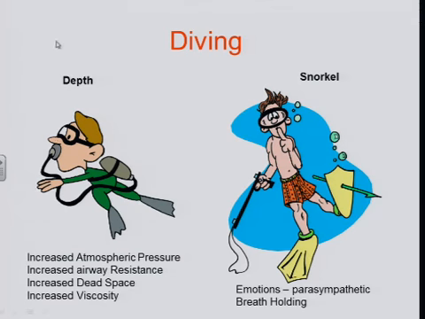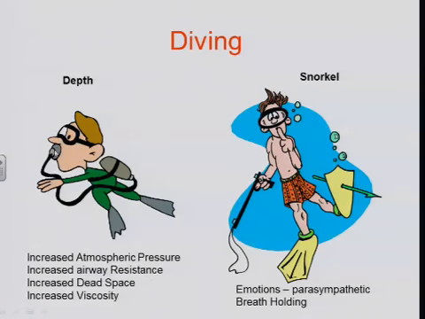That controls barometric pressure, and therefore the partial pressures of the gases that we breathe. If you're breathing a normal air mixture 33 feet underwater, you just doubled the partial pressure of oxygen getting to the alveoli.